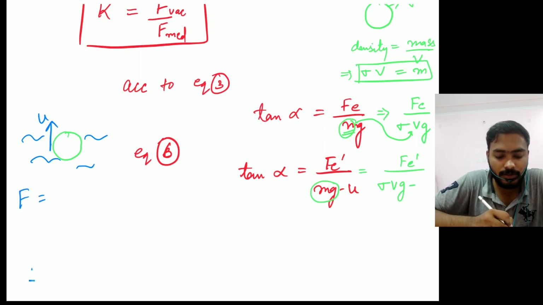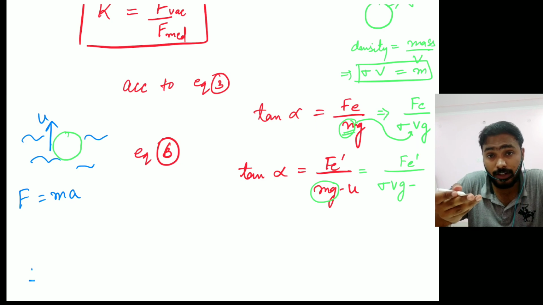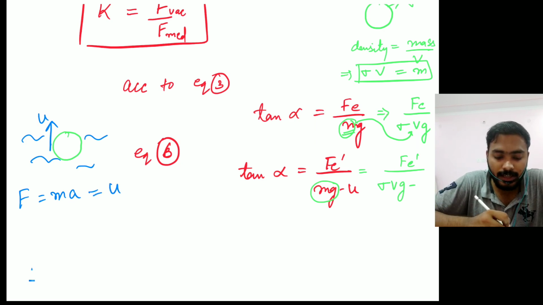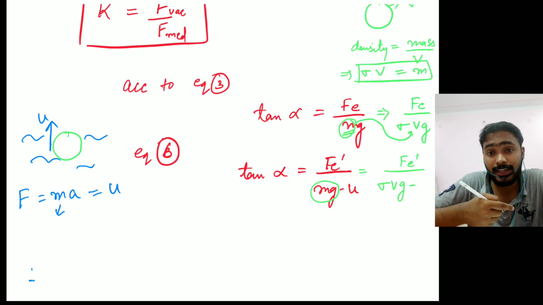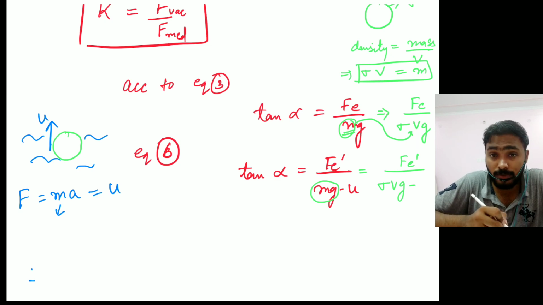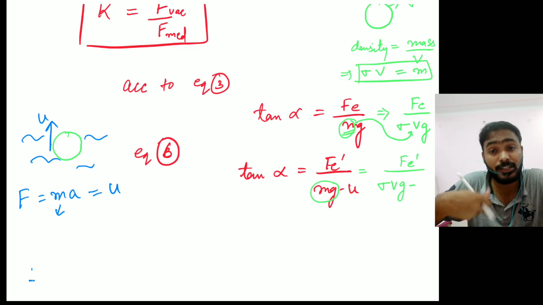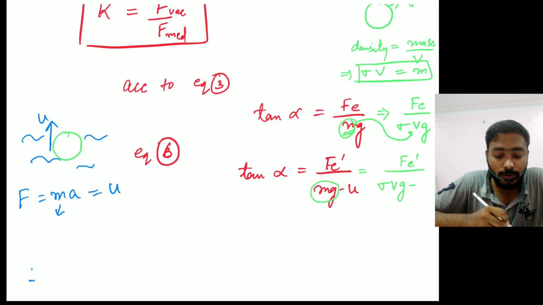So I can write F is equal to mass into acceleration for upthrust also. And the mass for that is actually the mass of water, because water is providing the upthrust. So the mass of water can be given as density of water multiplied by the volume of water. And what is the acceleration over here?